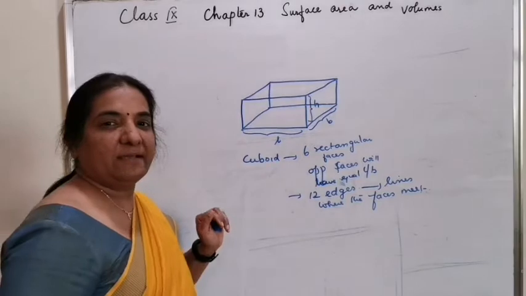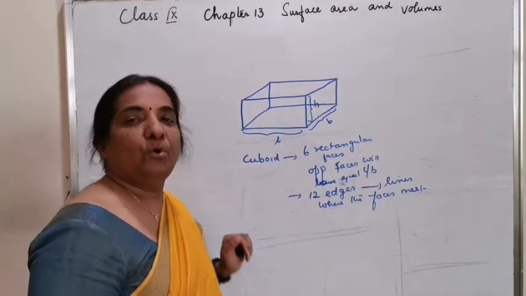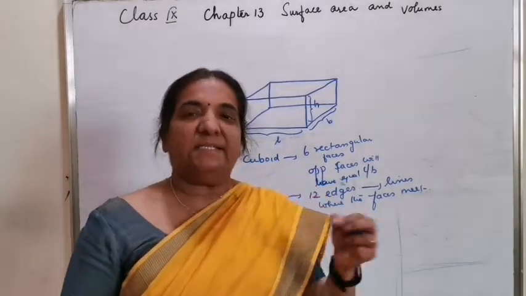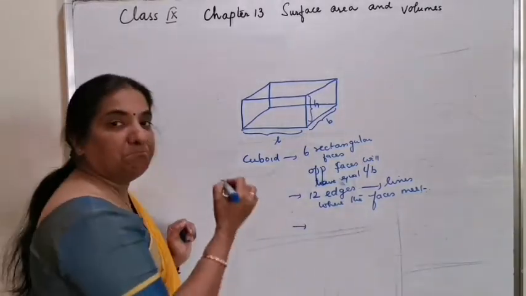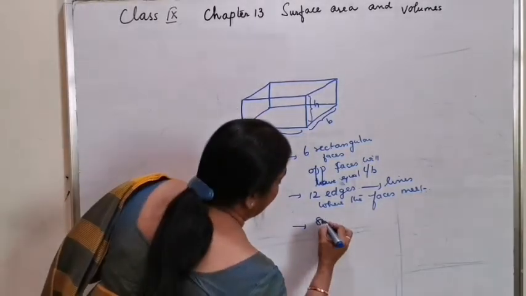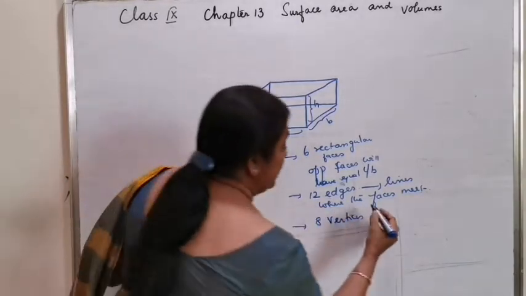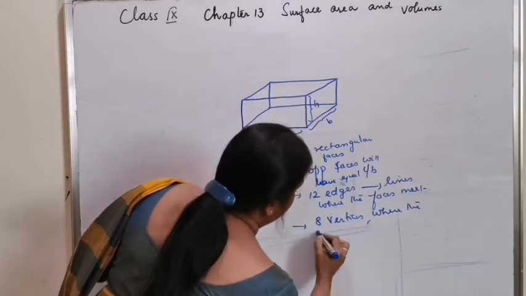If you take a tissue box, that will give you a clear example of what the faces of a cuboid are, what the edges of a cuboid are, and wherever the edges meet, there are 8 vertices. The vertices are formed where the edges meet.